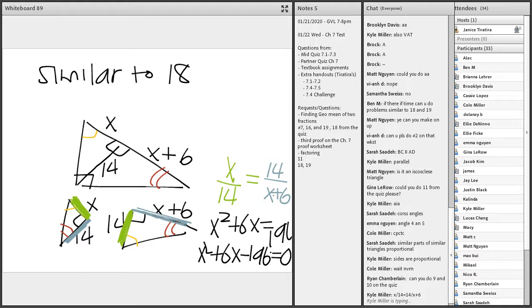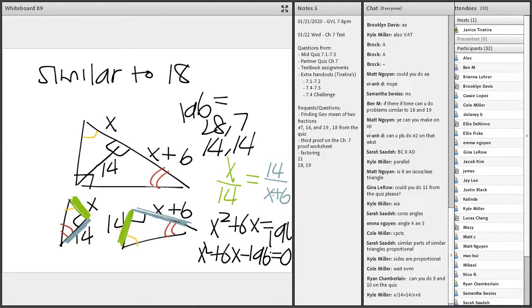I don't know some factors. We gotta keep testing it out. 28 and 7. So products of 196 are 28 and 7, 14 and 14. Doesn't look good. So sorry, I couldn't make one up that well, but that's the goal.